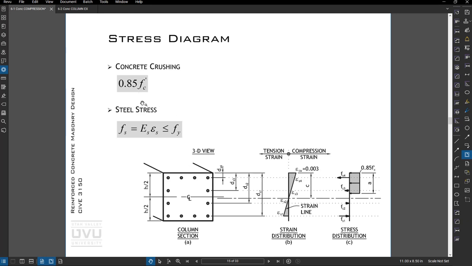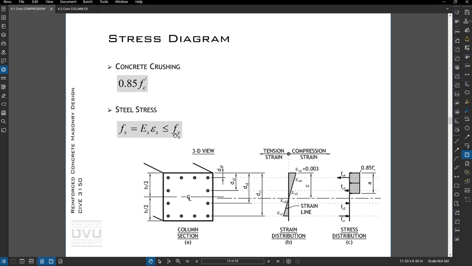Okay, so the steel stress, once we have strain at different locations, you can see that the strain here for 3 and 4 is compressive, and this strain here is tension strain. So if we multiply the strain times the modulus of elasticity, 29 million psi, times the strain we calculated, as long as that's less than the yield strength, then we'll use that.